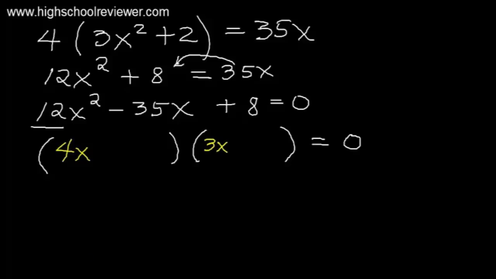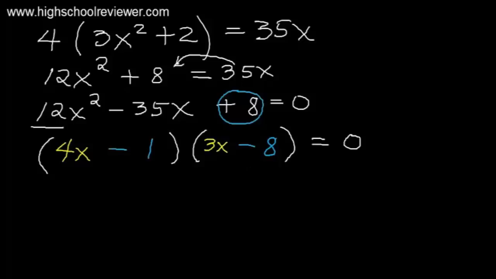And then let us factor positive 8. Since the middle term is negative and the last term is positive, the factors of positive 8 will be negative and negative. And again, by trial and error, we will use negative 1 and negative 8.